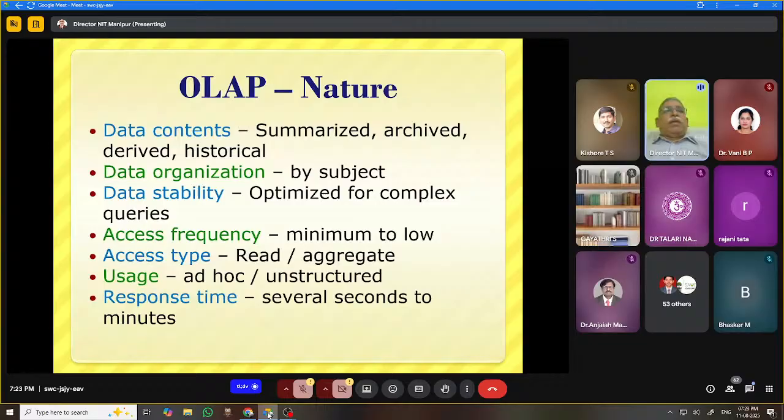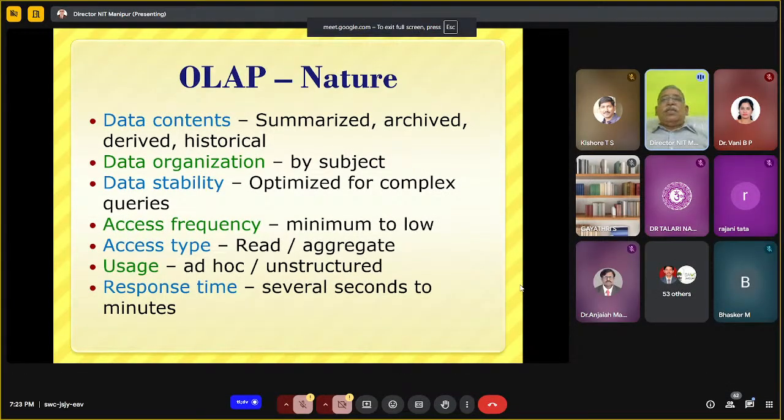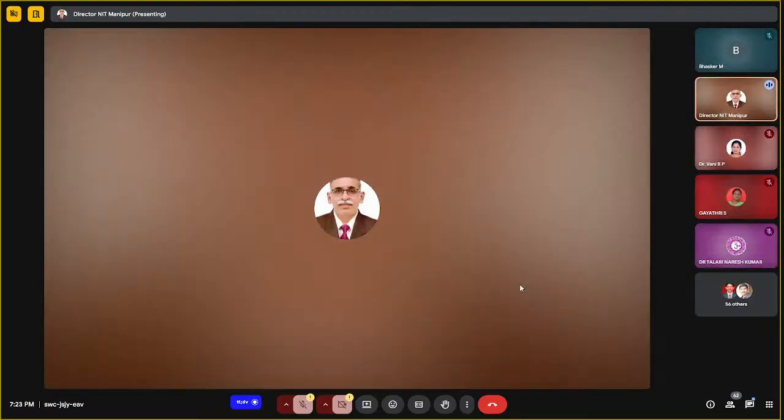Some data may be derived, because different students' results processing in different colleges may differ, but I have collected all the students of all colleges for all passed-out batches in my repository. So it is derived. Sometimes we take a backup storage and then extract, so data may be archived and then summarized.